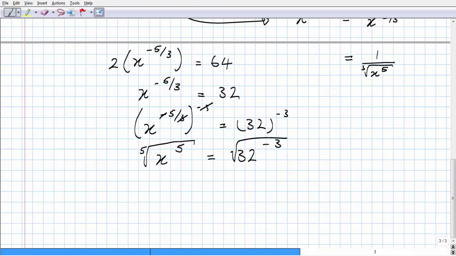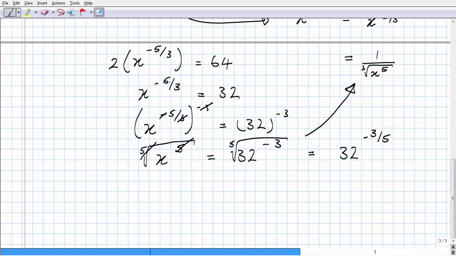And we do the same on this side. Fifth root. Now remember over here, I said, well, that fifth root can be rewritten, and that can actually be written such as 32 to the power of negative 3 over 5. Now, why is that great? Well, we didn't actually have to do all this work.